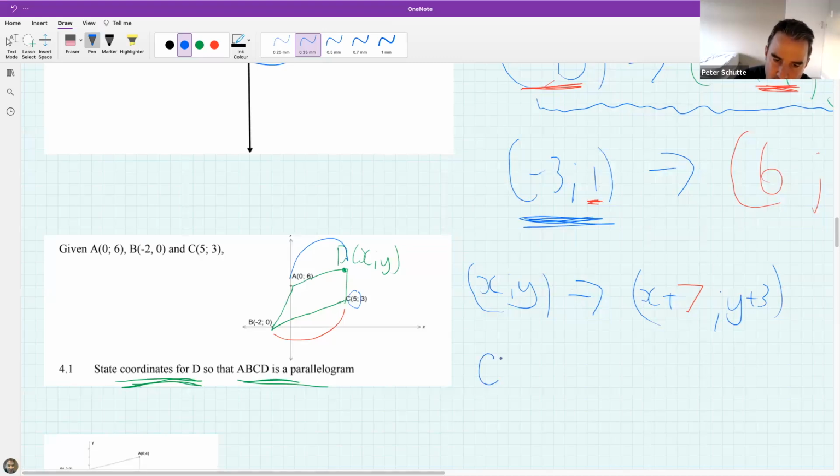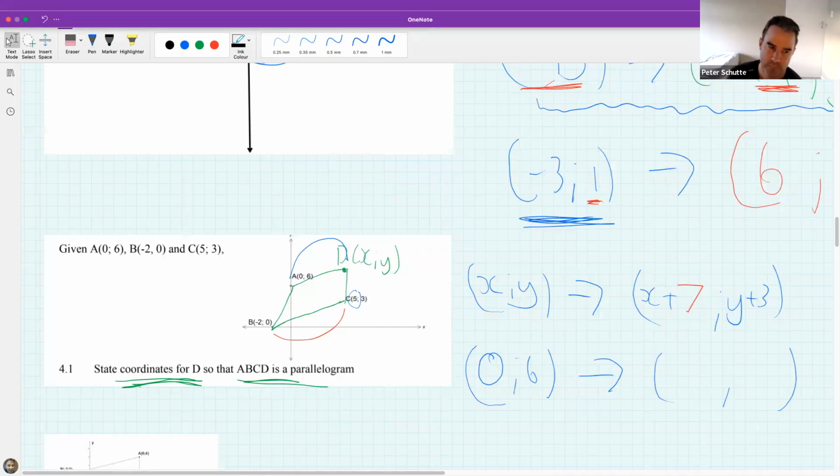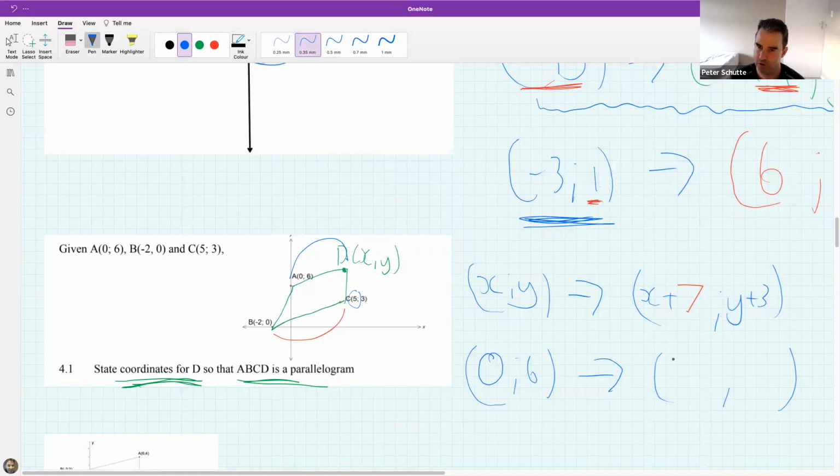Now we're going to start at 0, 6, and we need to get to this point D. What is my point D using the rule that I was showing you? So the very first one is going to be a 7.